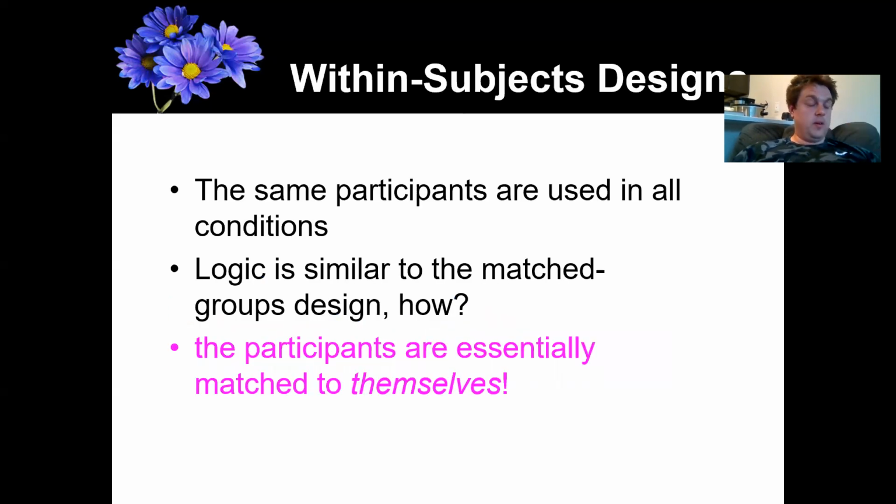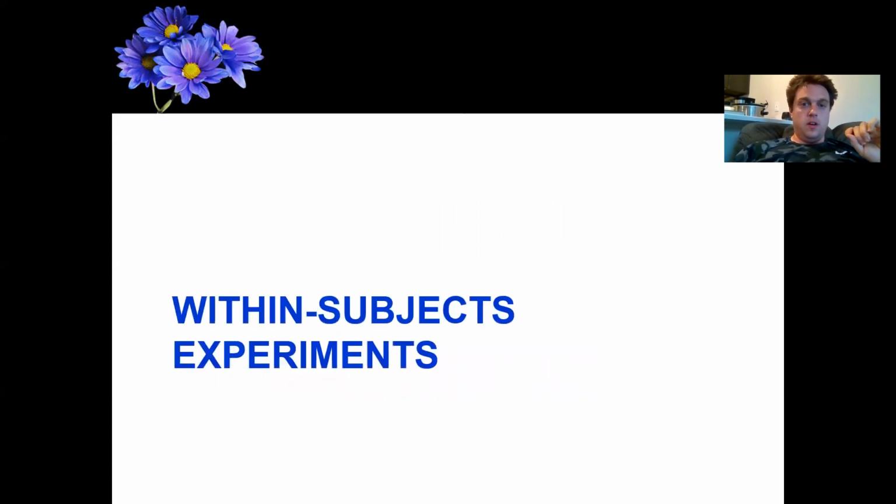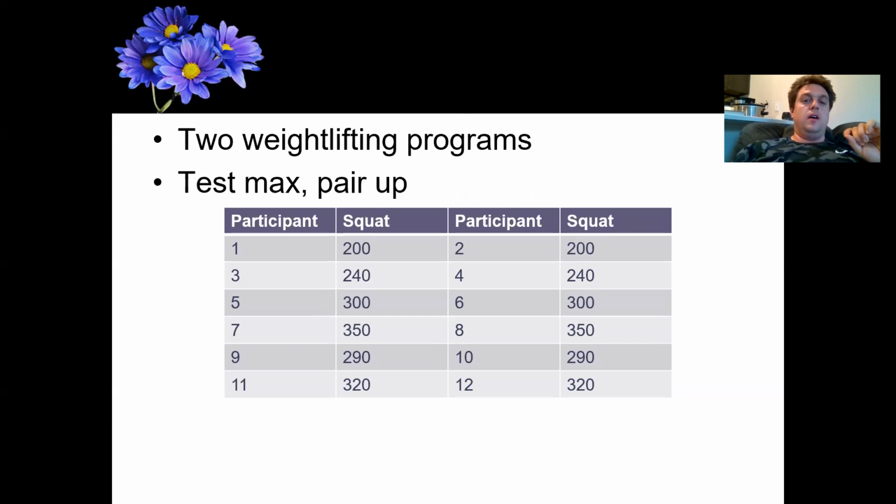Another great thing about within subject designs, and the difference between that and a matched design, is that in a matched design you can only match them on the thing you measure. So again, we talked about how I can match participants 1 and 2 because they both have a 200-pound squat. That doesn't mean I'm matching them on other qualities. Maybe they are different heights, different weights, different ages, genders.